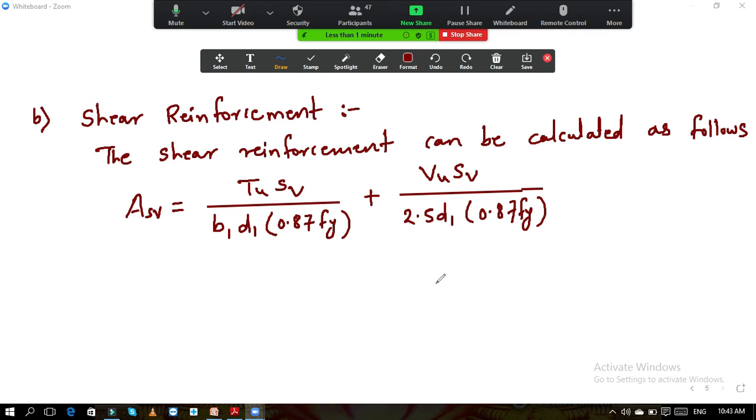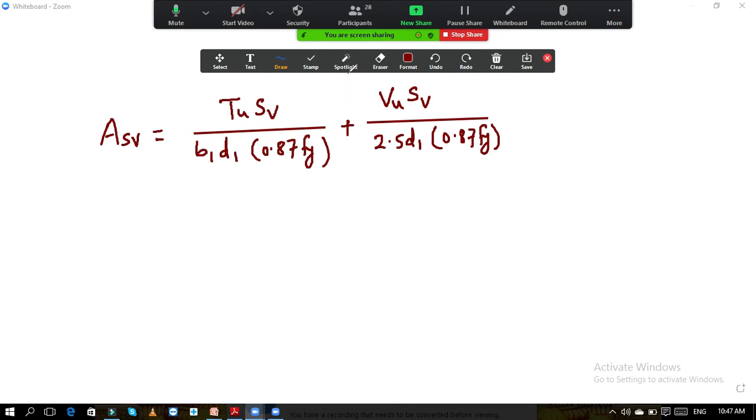The shear reinforcement can be calculated as follows. ASV means area of stirrups, for example if you consider two-legged 10 mm stirrups. TU is your twisting moment, SV is the spacing, 0.87 is constant, and Fy you already know is the yield strength of steel.